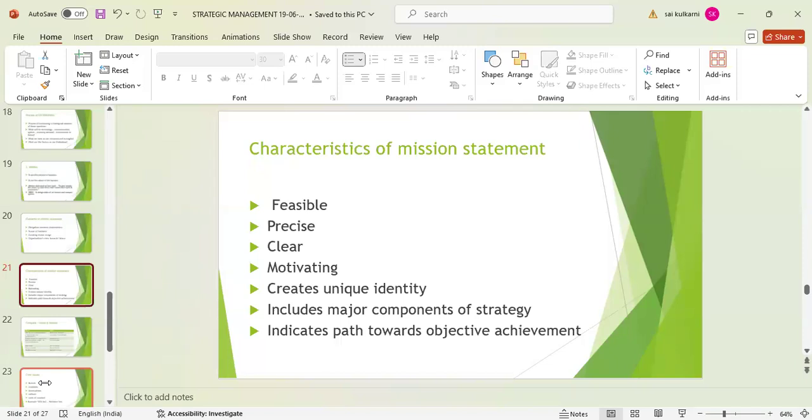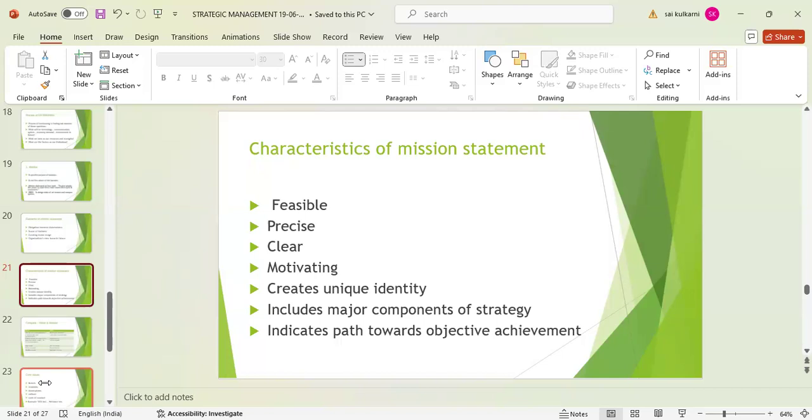So, the mission statement should be feasible. What is the meaning of feasible? Feasible means practical. In simple words, practically applicable. It should not be just a dream, but on logical grounds, it should be applicable. That is feasible.